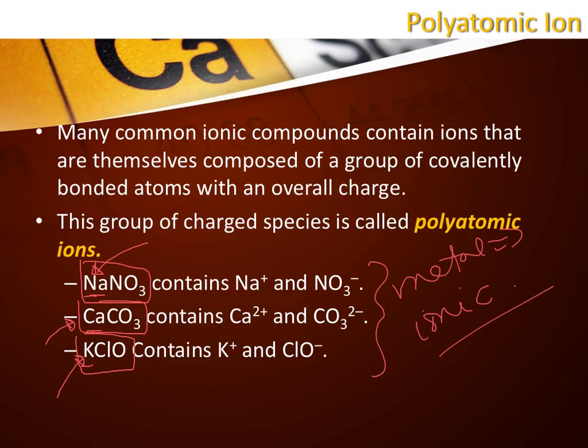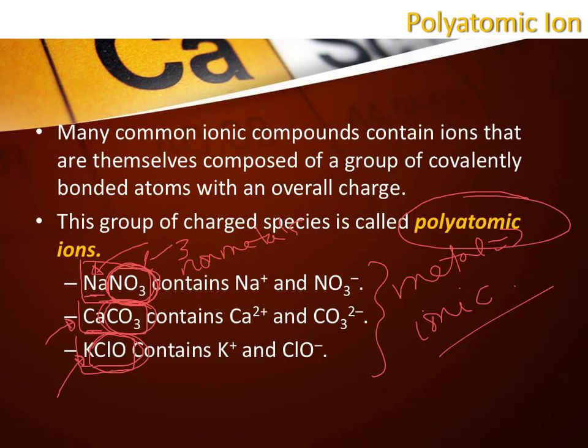But then you might look further and say, now wait a minute. A metal is supposed to be bonded with a nonmetal, but this has 3 nonmetals in it. What's going on? It turns out that when the anion has more than one element in it, it is called a polyatomic ion.